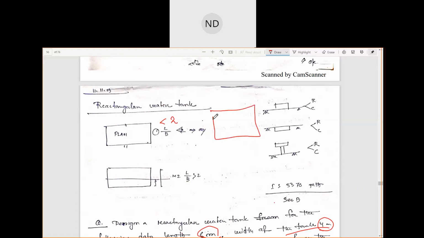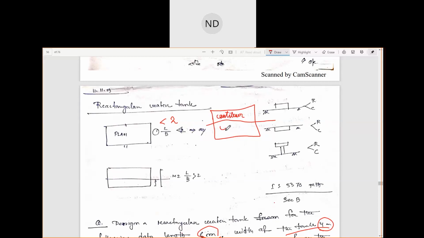The bottom portion will be designed as cantilever.